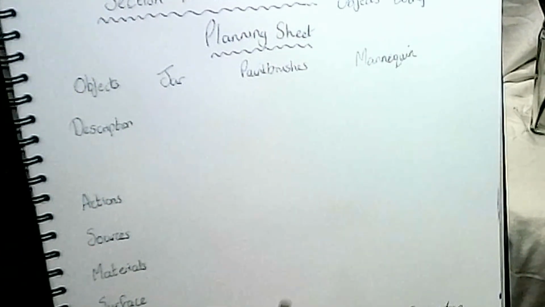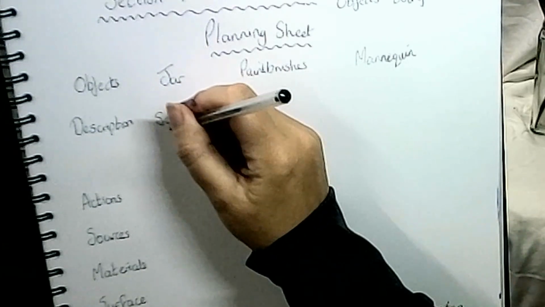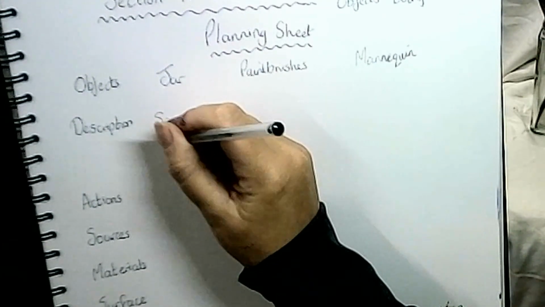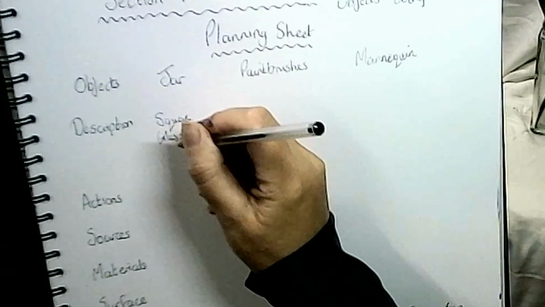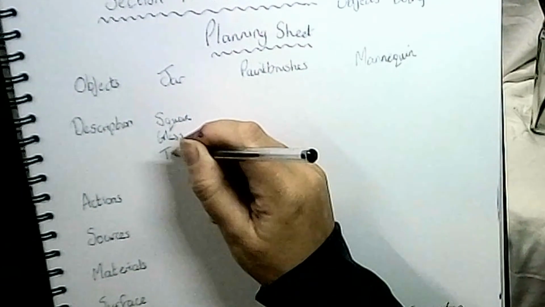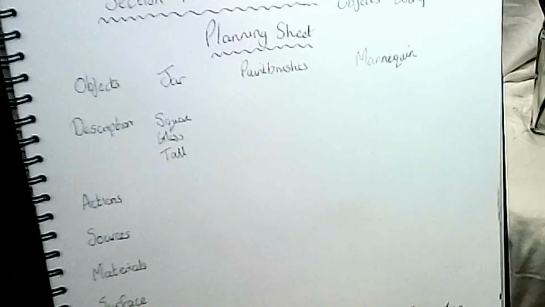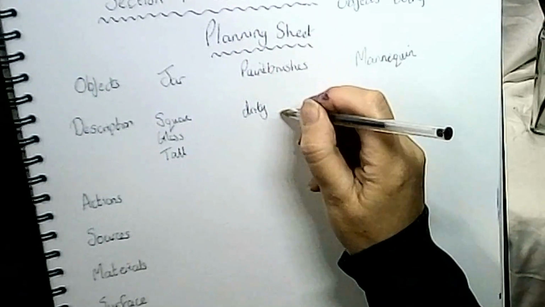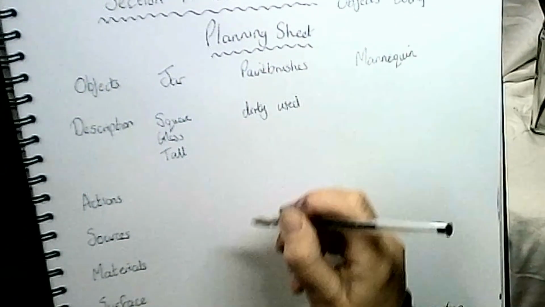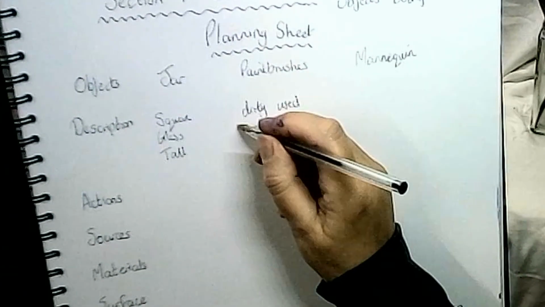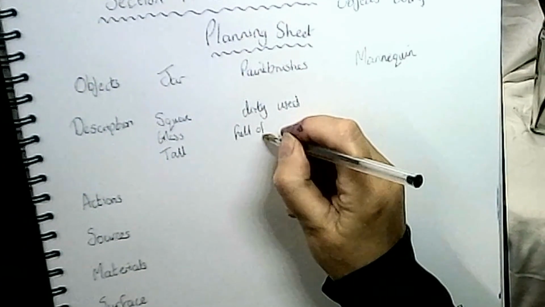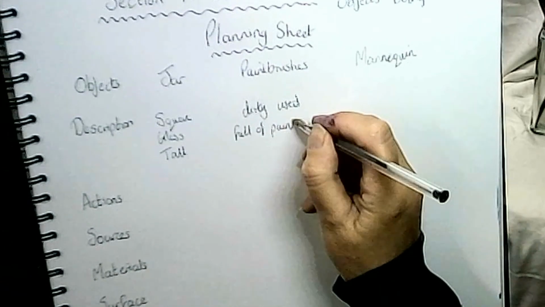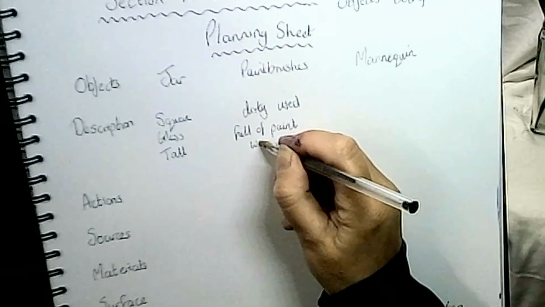The jar: square, glass, tall jar. Paintbrushes: dirty, used, full of paint, working.